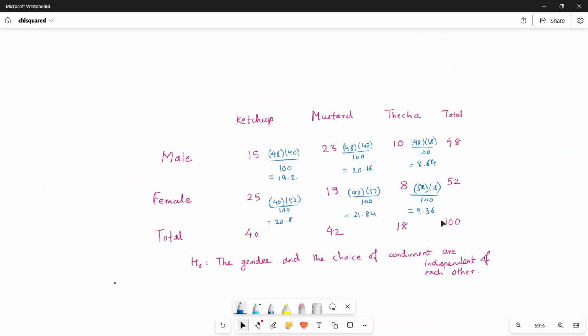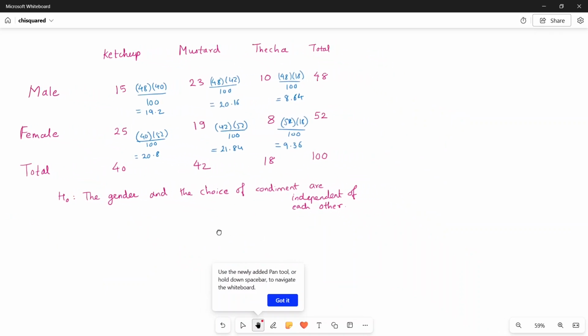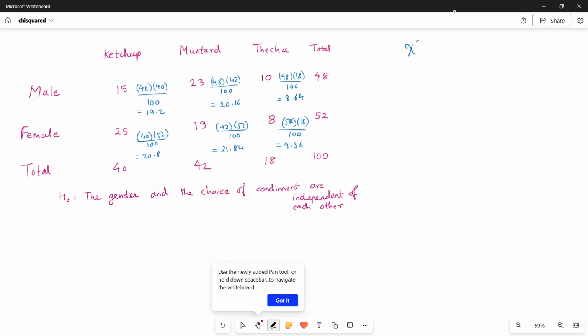If I reduce the size of this table and push it over here, your chi-square calculation will be: chi-square is equal to (15 minus 19.2) squared upon 19.2, plus (23 minus 20.16) squared divided by 20.16, plus and so on.